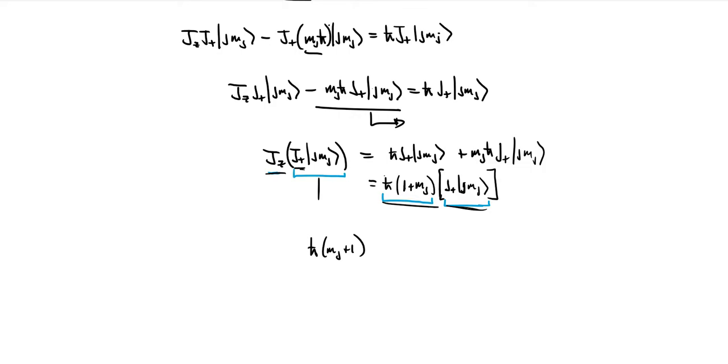Similarly, if we do this same sort of thing but with the J_minus operator and the commutation relationship, we see that the J_minus operator brings us down one. So this is the lowering operator, and we just showed J_+ is the raising operator, in the same sort of way that the harmonic oscillator ladder operators work.